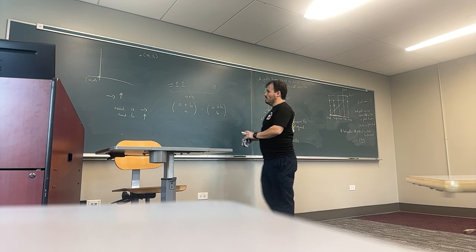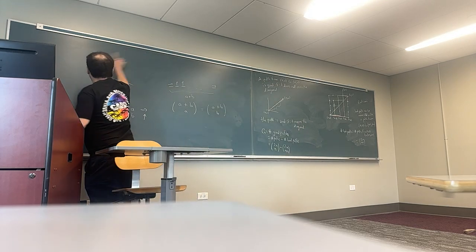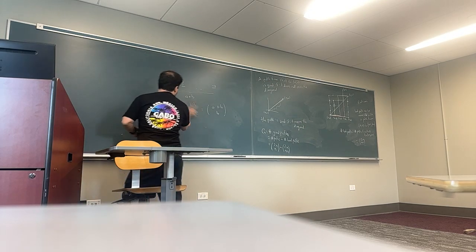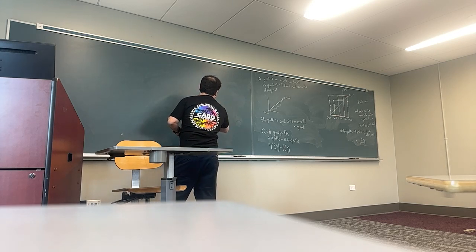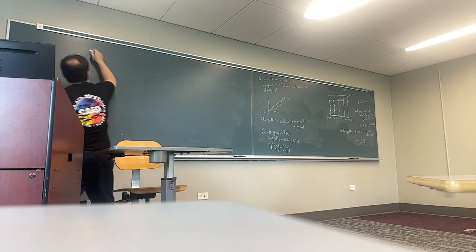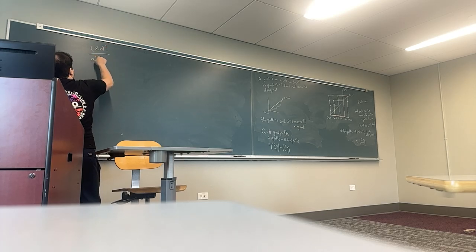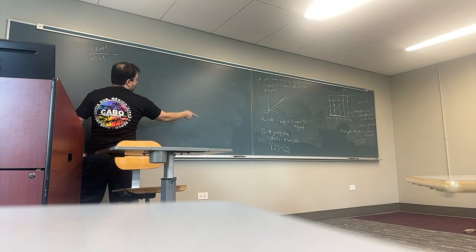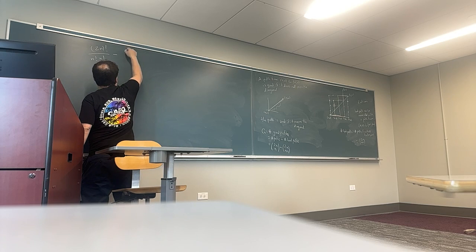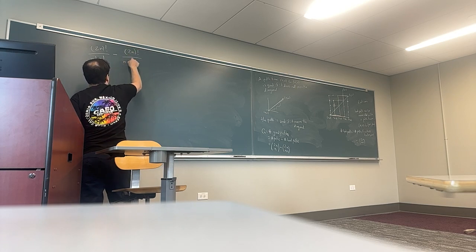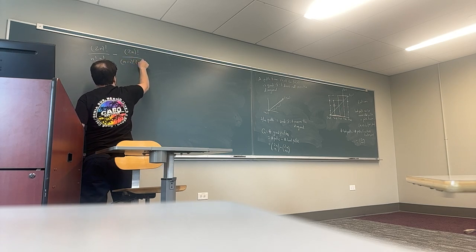And then we just do simple algebra. So 2n choose n is 2n factorial divided by n factorial times n factorial. 2n choose n plus 1 is 2n factorial divided by n minus 1 factorial times n plus 1 factorial.